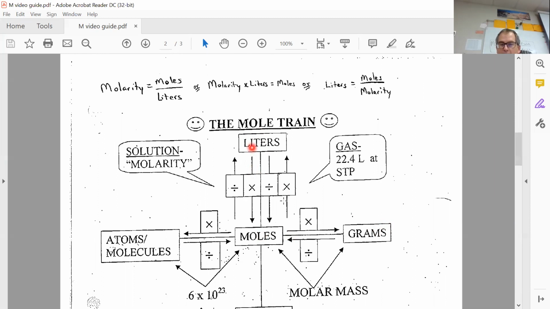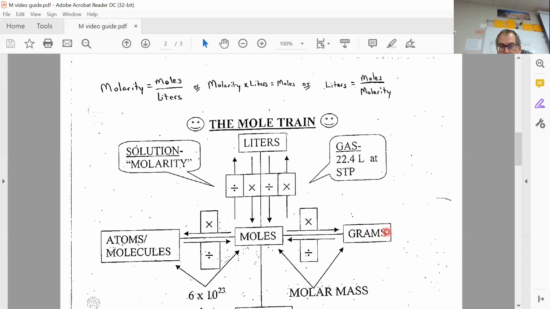Now we can do this if we know our connecting pieces. Do we know molar mass? Well, if you know the substance, you know the molar mass. So it looks like we're going to have to divide to get to moles. And then once we're at moles, we can get to liters. Again, we don't have a gas, so we're not worried about that. We have a solution, and we know the molarity, and it looks like moles divided by molarity is going to get me to liters.